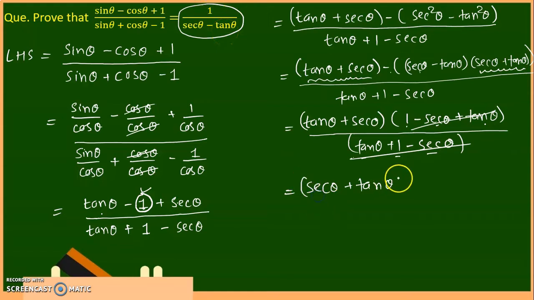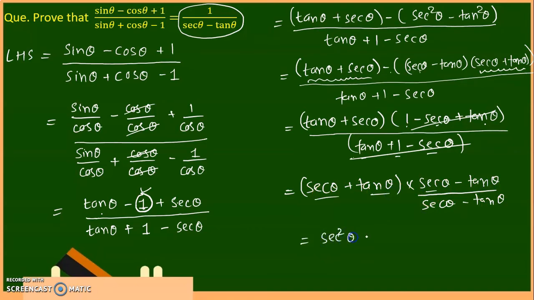So if you multiply this by sec theta minus tan theta and divide by the same, in the numerator, sec theta plus tan theta and sec theta minus tan theta become sec square theta minus tan square theta, divided by sec theta minus tan theta.